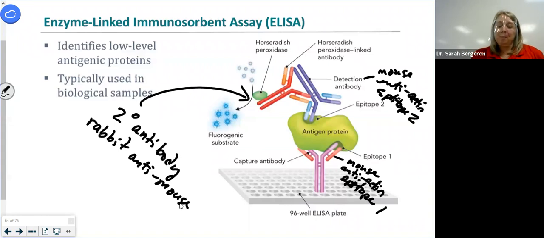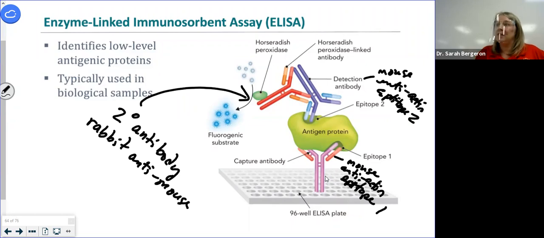So the mouse part is specific to the detection antibody. So now I can see, because this one is covalently linked to an enzyme like horseradish peroxidase, that will change a substrate from being non-fluorescent to being fluorescent. And I can look at each well, and whichever well lights up fluorescently has my antigen present.